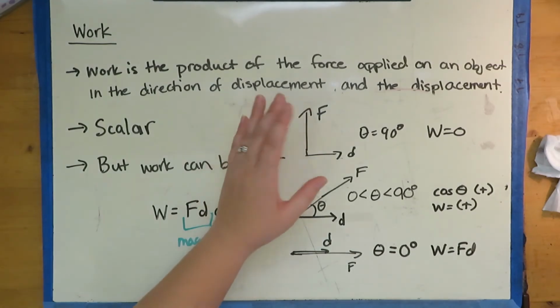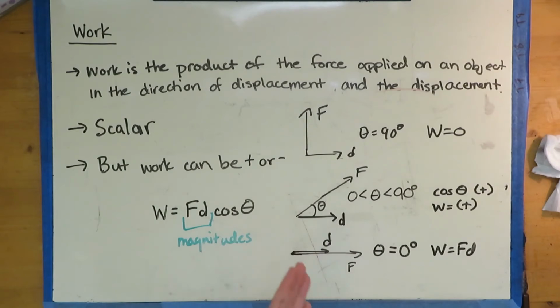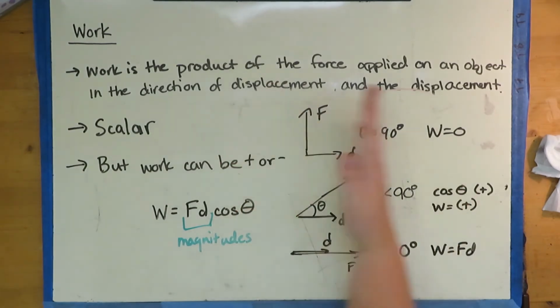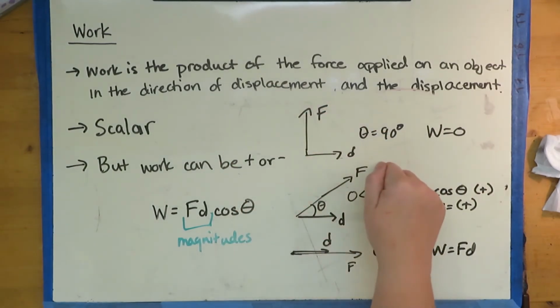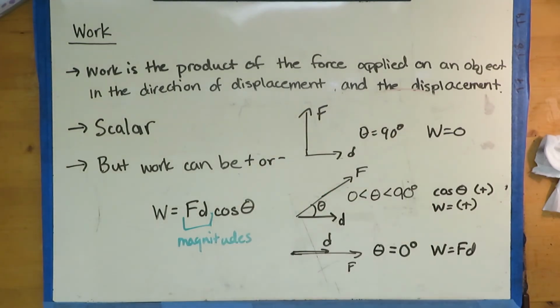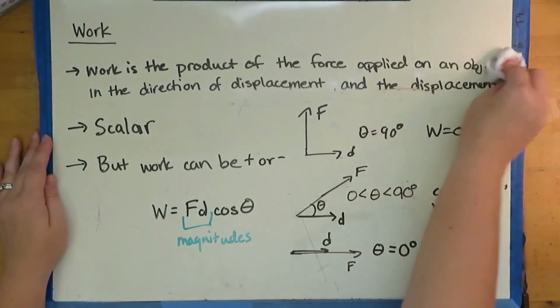So there would be no work at that point in time. If this object was moving, but the force I'm analyzing is perpendicular to it, then that would do no work. So imagine a box sliding on the ground. The normal force is perpendicular to the displacement. The normal force wouldn't do any work. Now, we can also take a look at some other angles.